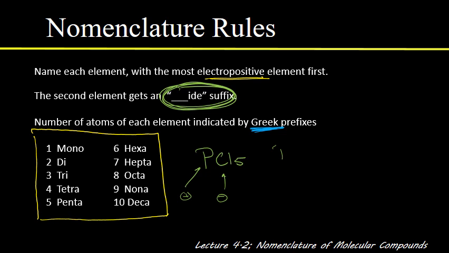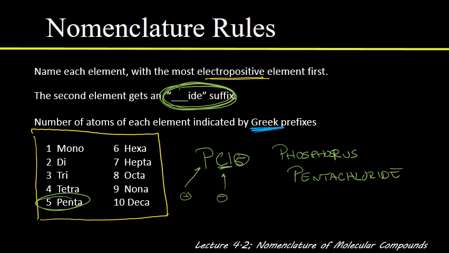So we would name this, the first element just gets its name, phosphorus, and then the chlorine is changed from chlorine to chloride, and because there are 5 of them, we'd insert the prefix penta. So we get phosphorus pentachloride.